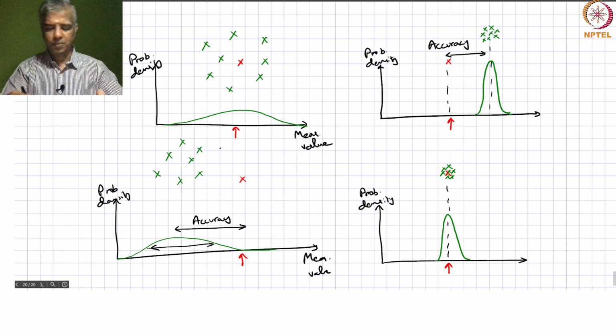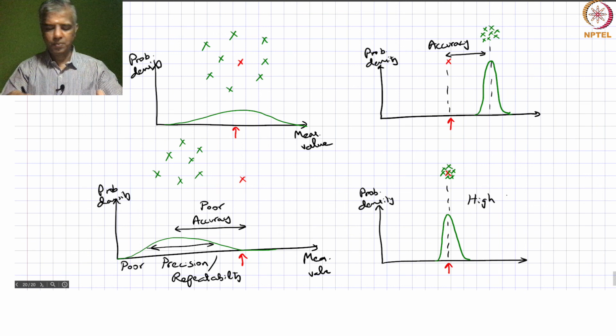Okay, that wide variation is what we are talking about in terms of precision or repeatability. So this is a case where we say this is poor accuracy, poor precision, or repeatability. This is actually the worst case.